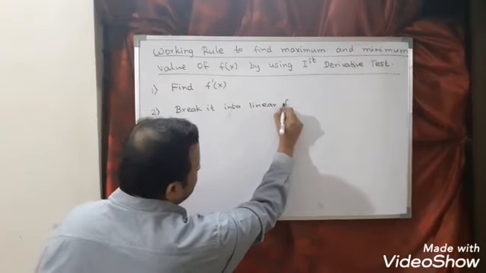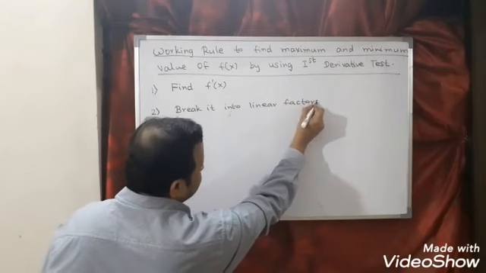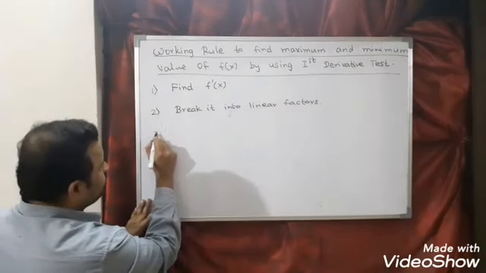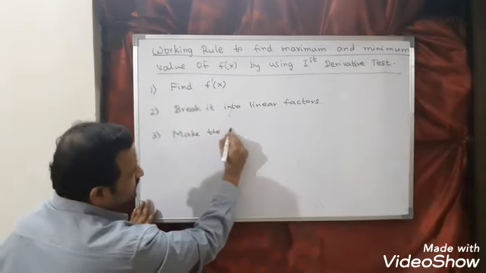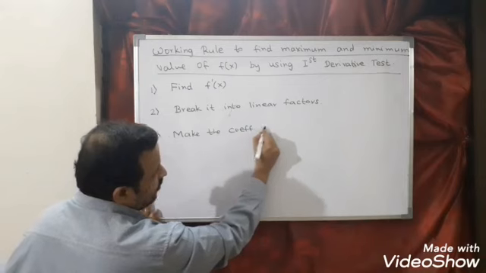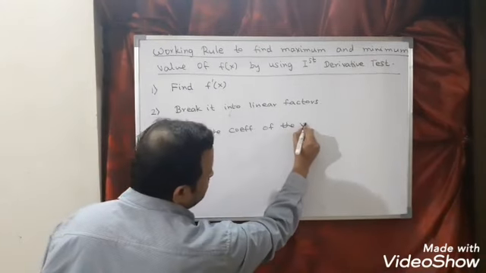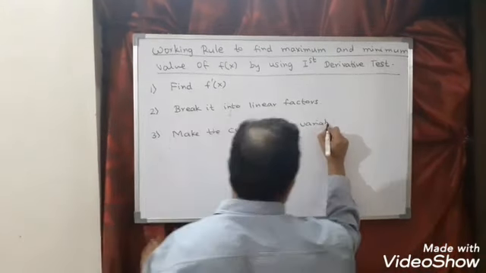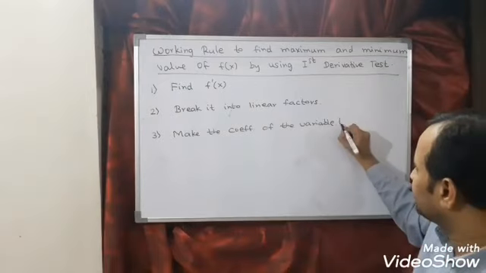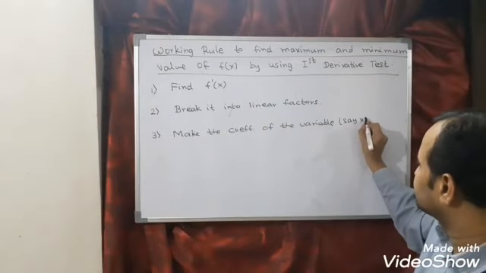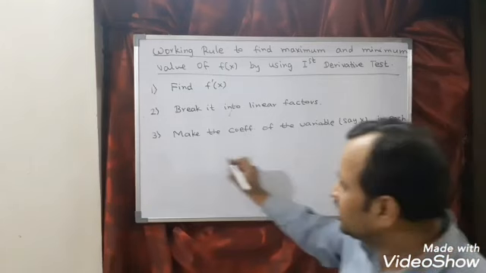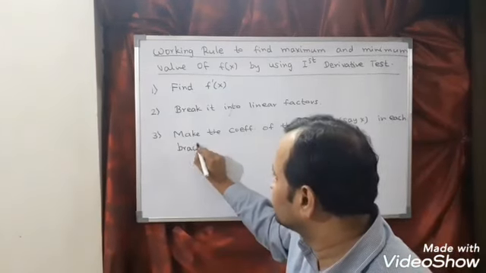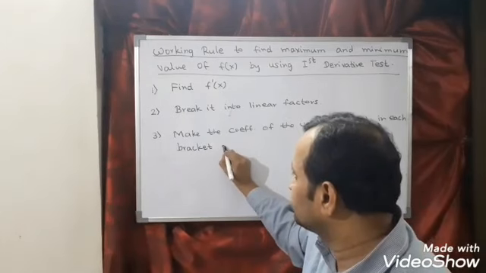Third step, make the coefficient of the variable, say x, in each bracket positive.